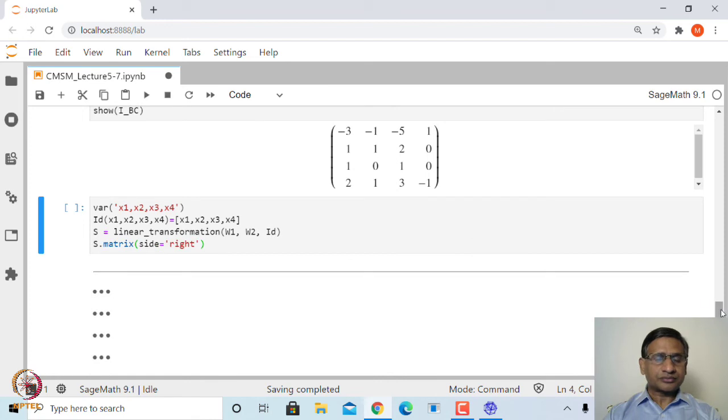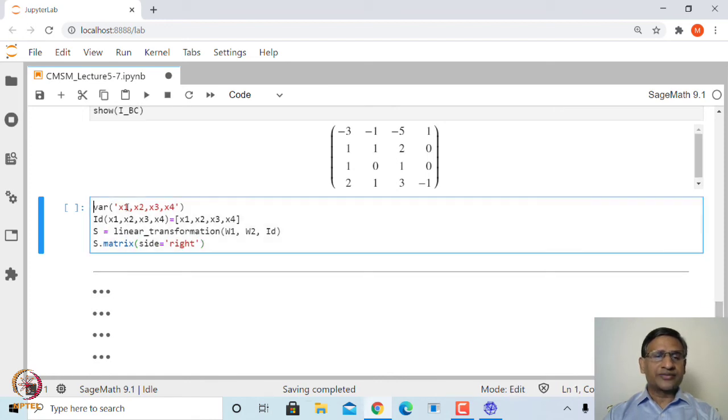Let us declare variables x1, x2, x3, x4, and the identity map ID of x1, x2, x3, x4 is x1, x2, x3, x4 as a list, and declare S as a linear transformation which takes W1 to W2. Remember, this is with respect to basis B on the domain and C on the codomain. That is why here we have V1, W1 and W2.